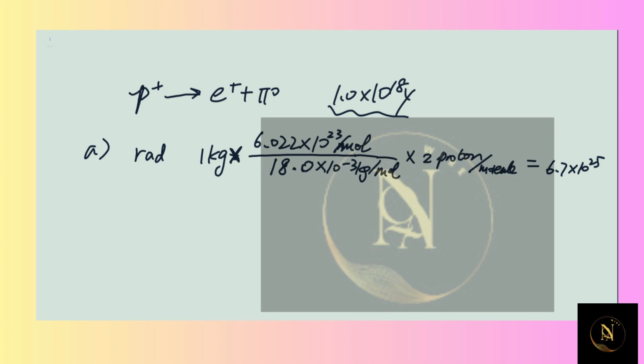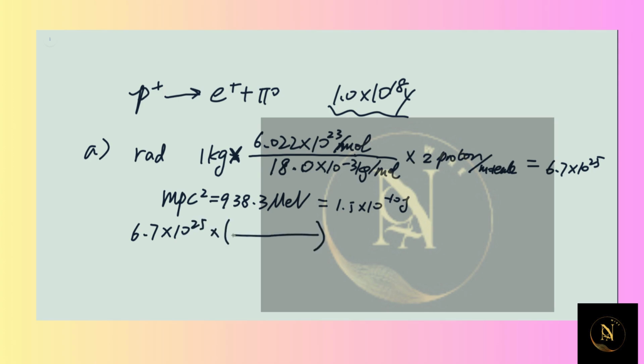Then we know that each proton has an amount of energy, m_p c squared, of 938.3 MeV. If we convert it into joules, it's 1.5 times 10^-10 joule. So given this information, the energy deposited in a year per kilogram is going to be the number of protons times the decay rate per year, with a half-life of 10^18 years.